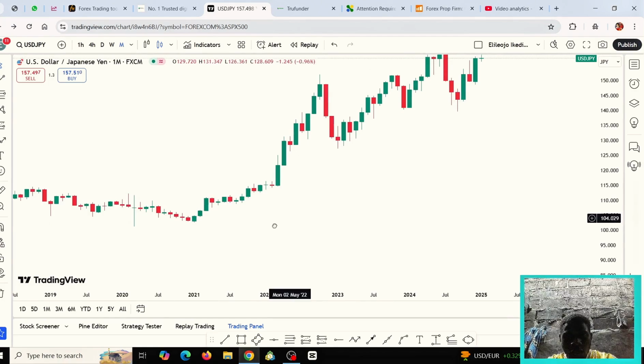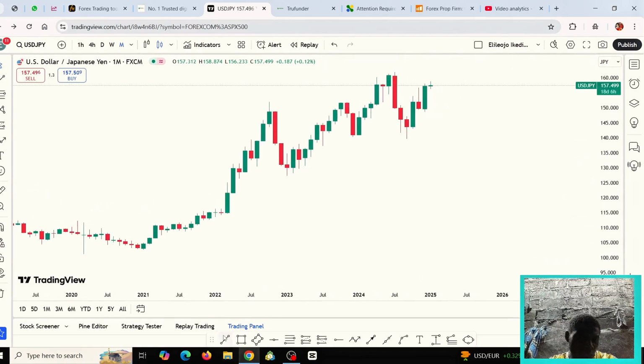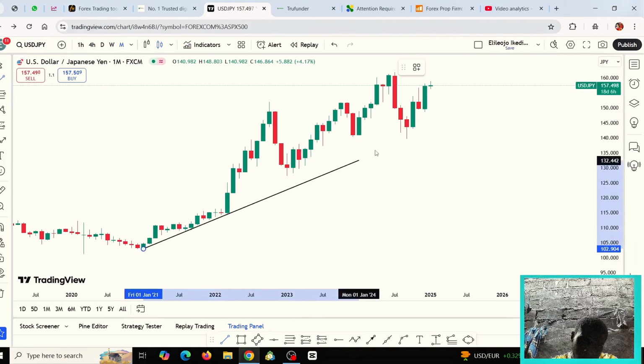Well, what you do is very simple. You pick up your trend line, you place it on the end part of the candle. Make sure that it is not on the body. In the end part of the candle, you place your trend line there, and then you extend it.